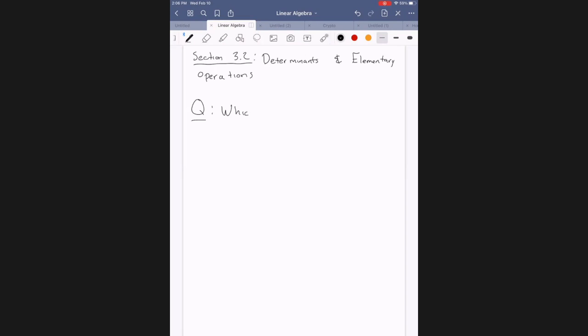Which of the following is easier to compute the determinant of? Let's say we have A equals 1, 4, -2, 3, -2, -6, 4, -6, 1, 2, -3, and 2.